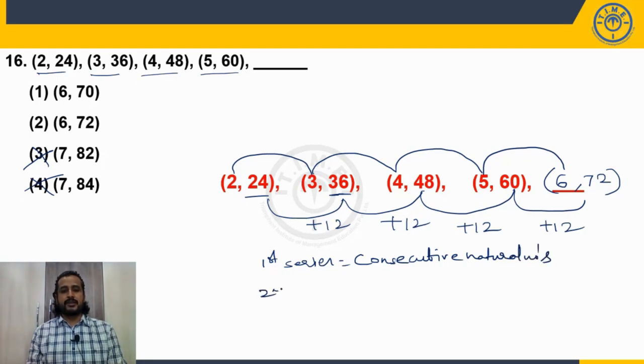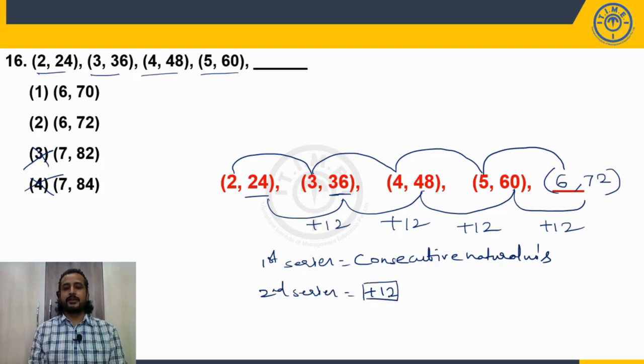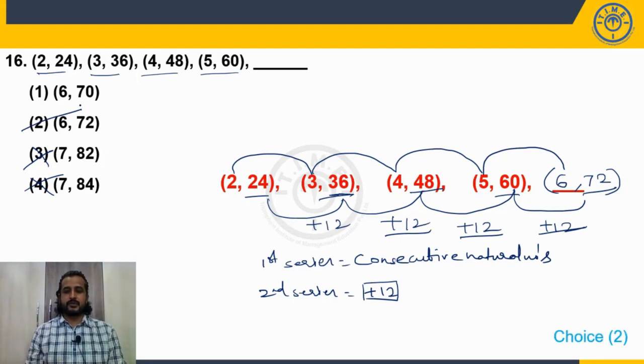What is the logic in the second series? Each number is increased by 12 to get the next number. 24 plus 12 is 36, 36 plus 12 is 48, 48 plus 12 is 60, 60 plus 12 is 72. So choice 2 is my required answer.